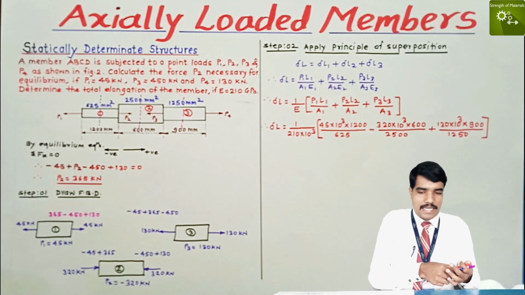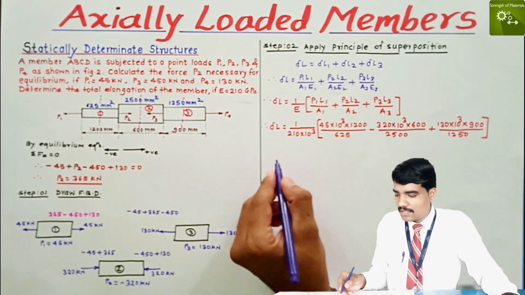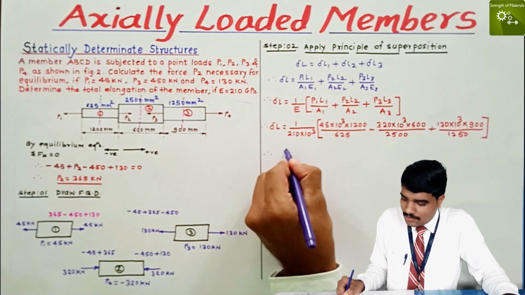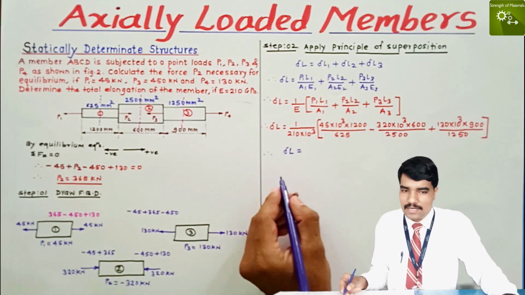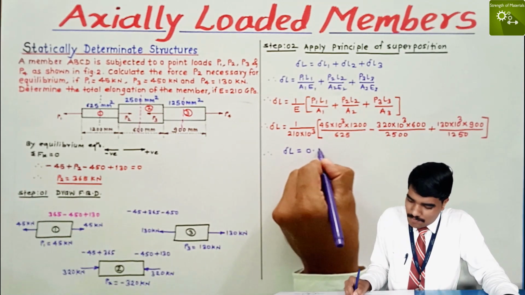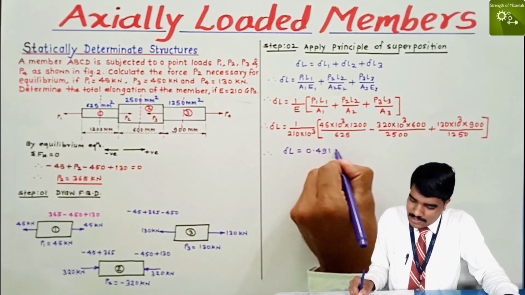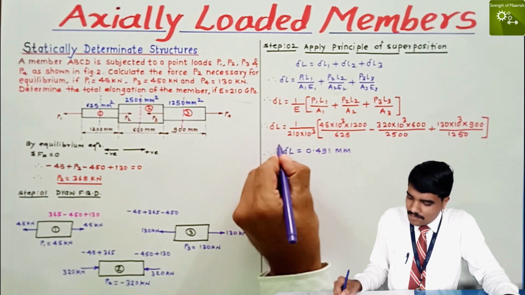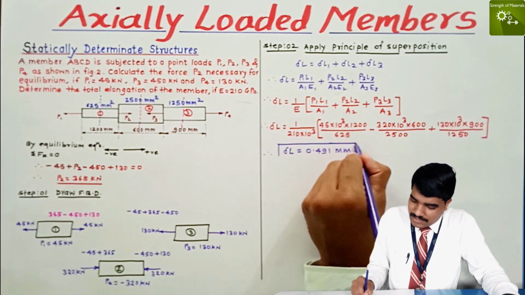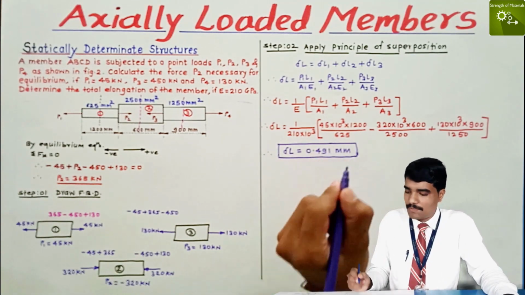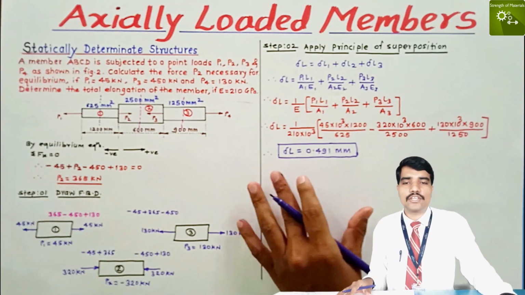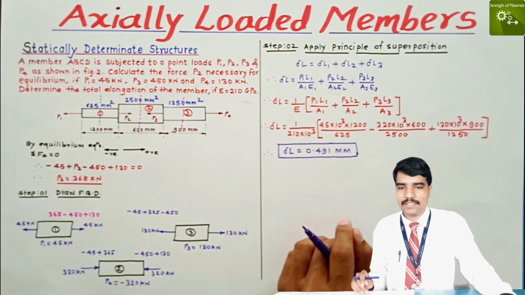By doing all this calculation, we got the total elongation produced in that axially loaded member, which is 0.491 mm. So by using the principle of superposition and static equilibrium conditions, we found the elongation produced in that member.